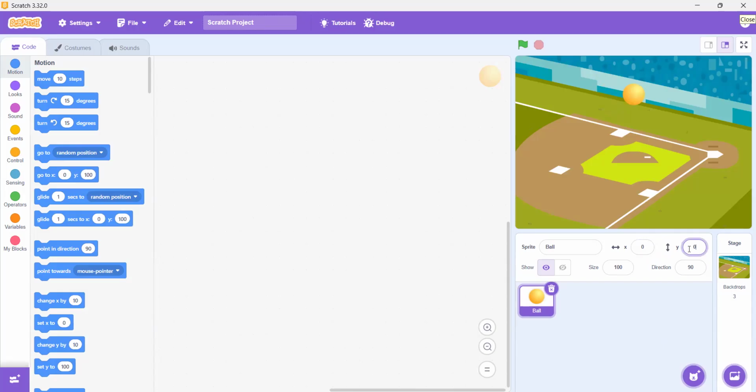Now when I put 0, the ball has come back to the center position. Again, I will show you. I put the ball in the blue. Now see the ball on the X and see the ball on the Y. Where has it come? Has it come to the center position?